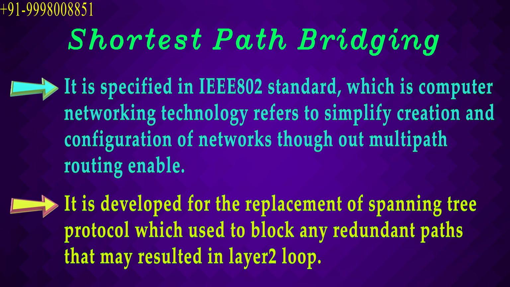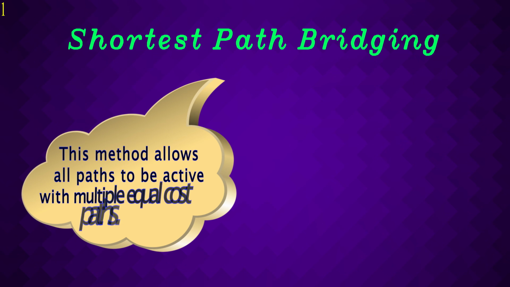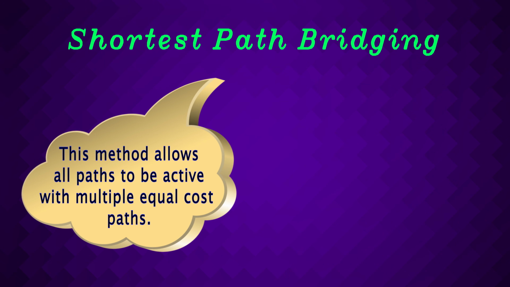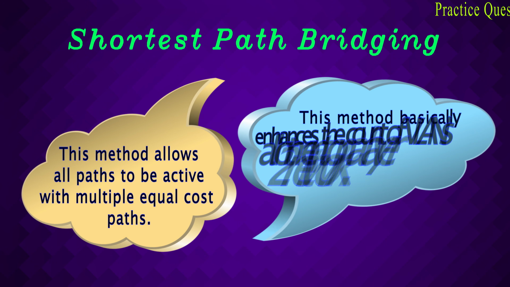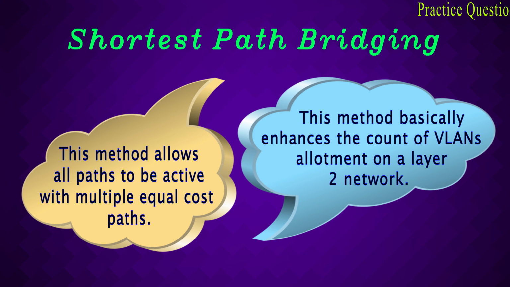In order to remove those negative points, this bridging was started. This method allows all the paths to be active with multiple equal costs so that at least one can work at a time and the data can be transferred from source to destination. So it enhances the count of local area networks allotment on the layer 2 network, that is the data link layer.